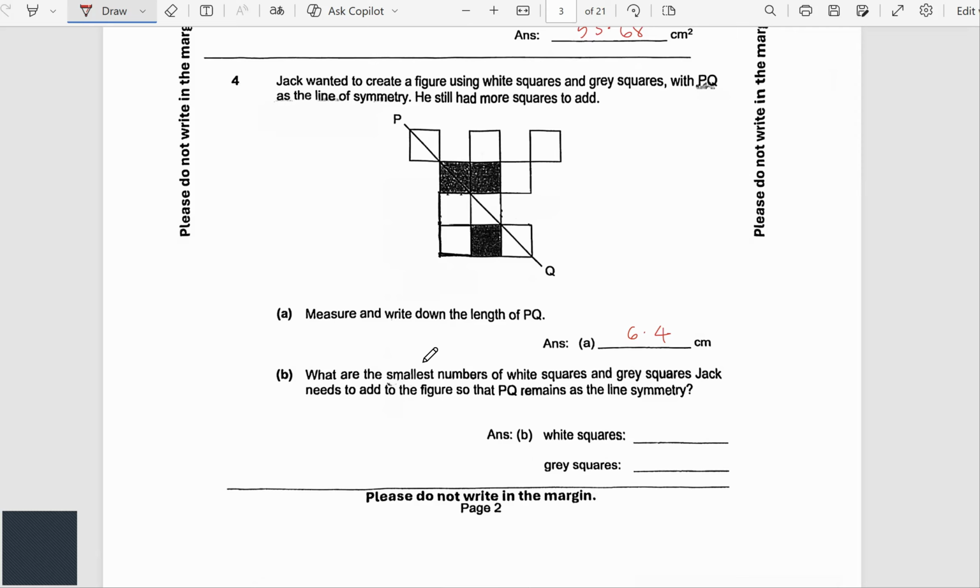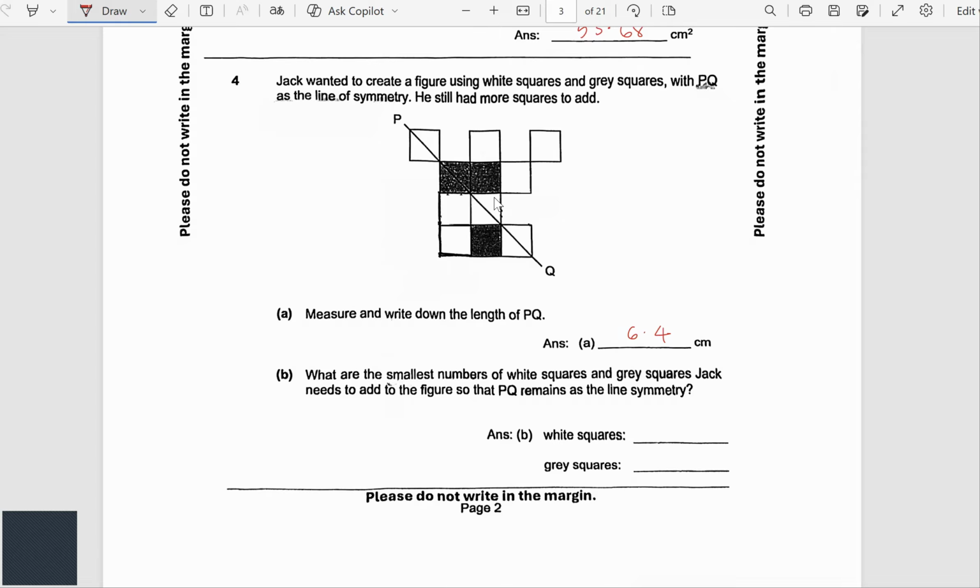Okay, then for B, what's the smallest number of white squares and gray squares Jack needs to add so that PQ remains as the line of symmetry. Okay, so from this diagram, how many white squares and gray squares he needs to add for this to be symmetrical?